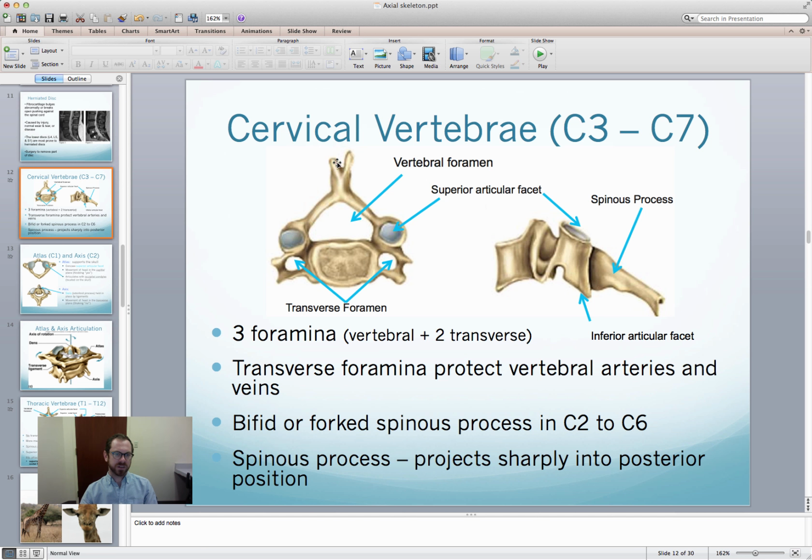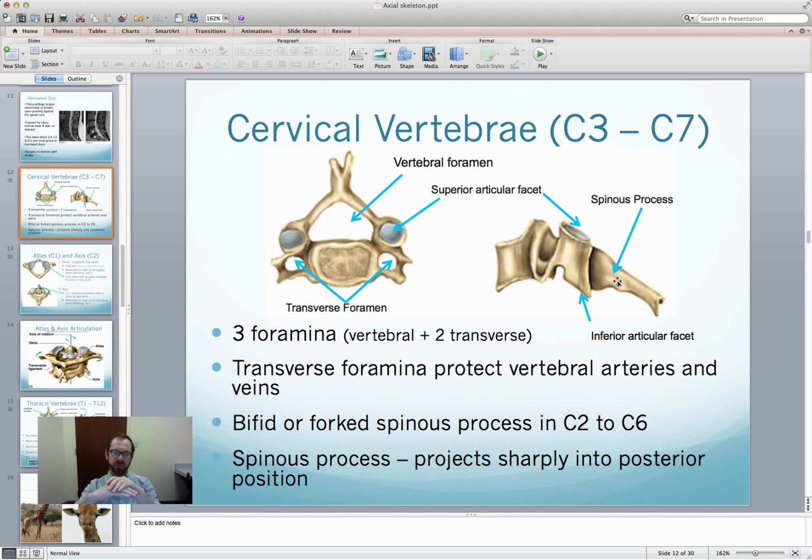We also notice that the spinous process of these vertebrae is forked, or bifid, and that's unique to C3 to C7. And then also, if we look at the spinous process from a lateral view, we see that although it is facing slightly inferior, it's mostly level.